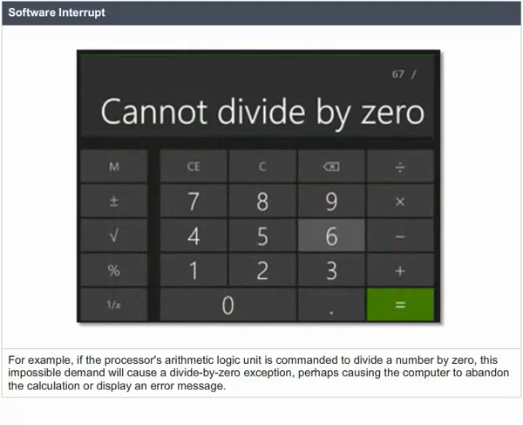For example, if the processor's arithmetic logic unit is commanded to divide a number by 0, this impossible demand will cause a divide by 0 exception, perhaps causing the computer to abandon the calculation or display an error message.